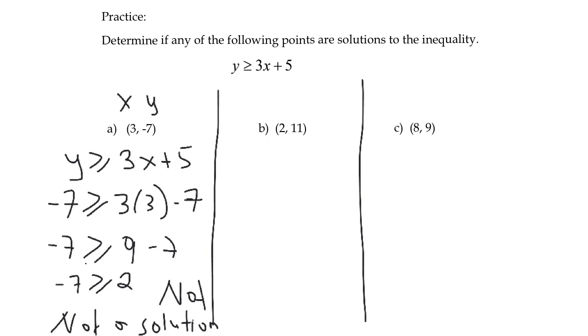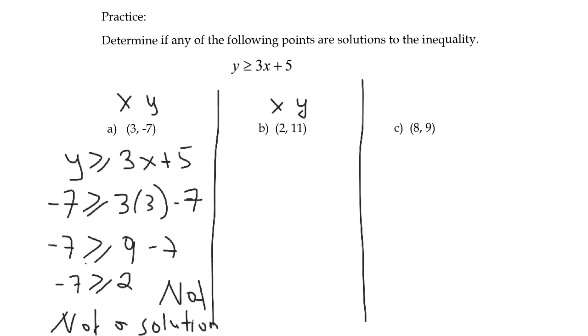What I would like you to do is pause the video and try example B, so that you can see if you understand it. Pause this video for about 2 minutes, try it, and then watch the video after you finish. So question B: x is equal to 2, y is equal to 11.